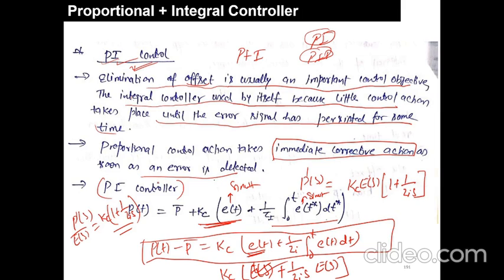However, in the integral controller the steady state error is 0, or minimum, but there is the problem of sluggishness. We combine both controllers, and then the offset value is removed with the fastest response. Therefore this is the PI control.